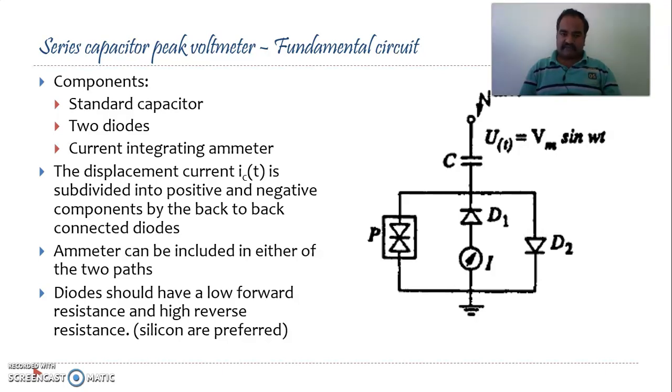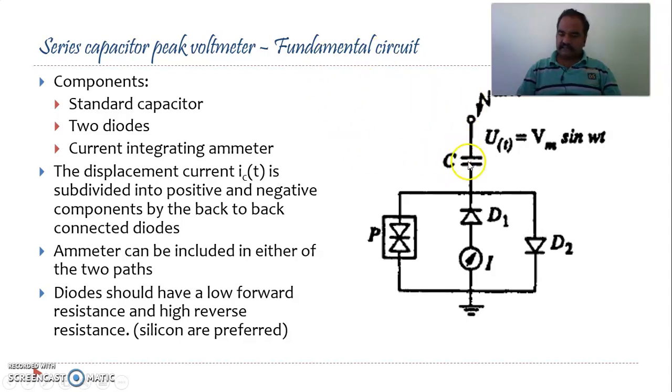If you see the working of this circuit, when a sinusoidal voltage is applied here, the capacitor allows a current to pass through it based upon the amount of voltage which you are applying. So this current will be an AC signal, very similar to your applied voltage signal.